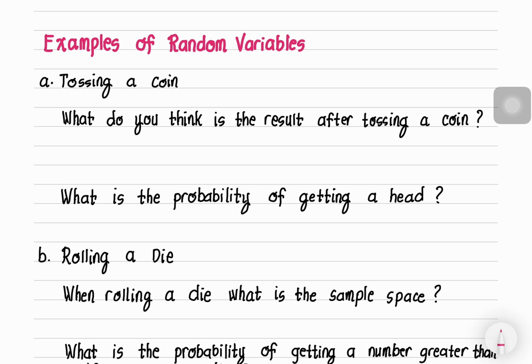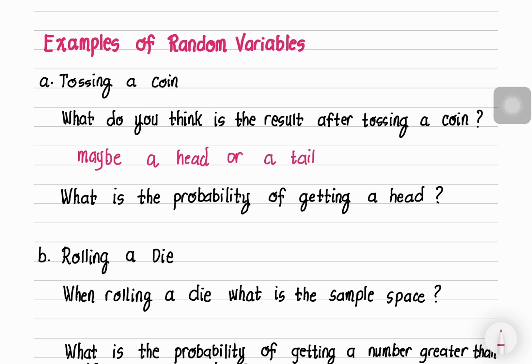If you answer either a head or a tail, then you are correct. Very good. Maybe a head or a tail. Very good.